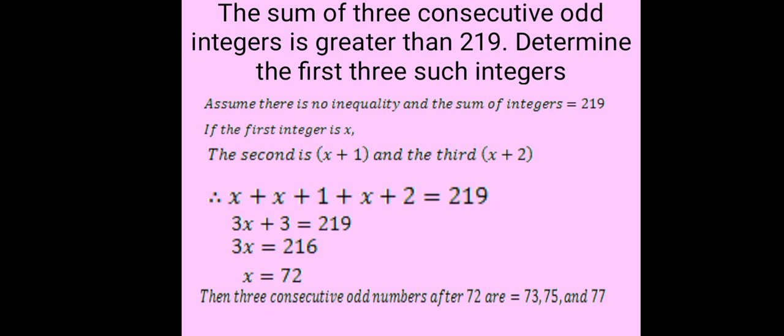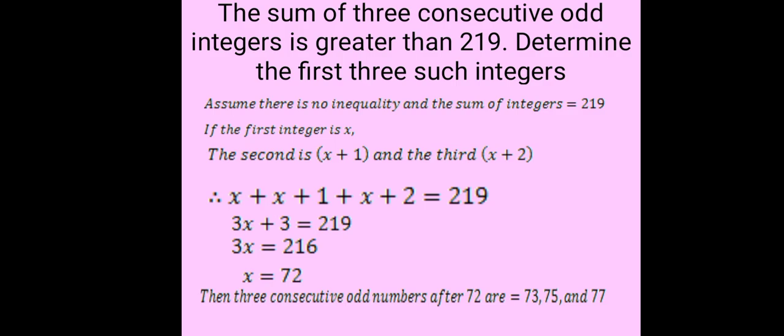So if the first number is x, the second number should be x plus 1, and the third one should be x plus 2. So if you add x plus x plus 1 plus x plus 2, you should get 219. So solving, we get that x is 72. So if there was no inequality, the first number should be 72.